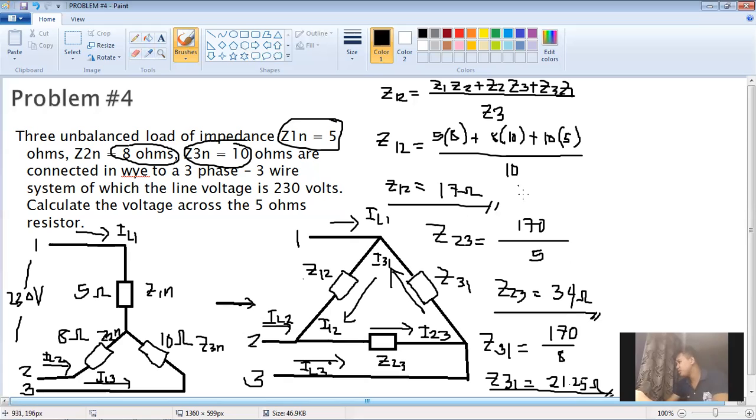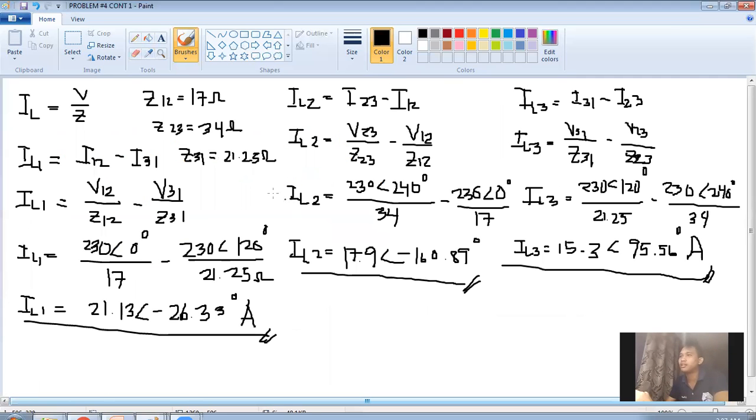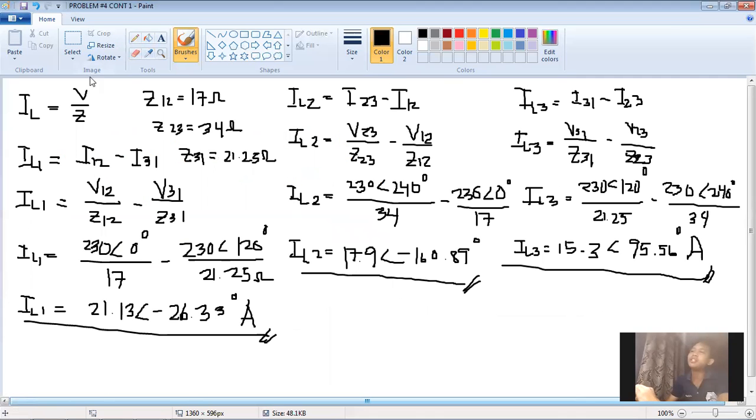Now for this one, we will use Z12, and we will use Z31. So for the continuation here, the current is equal to voltage over impedance. So for IL1, that will be I12 minus I31.